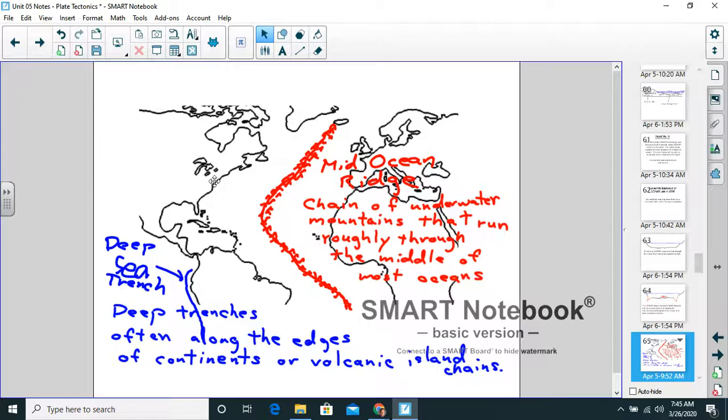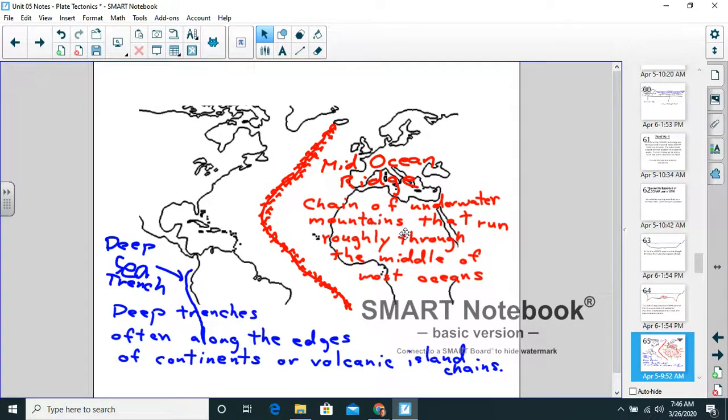So the ocean doesn't just drop from North America down into the ocean and move across. There's features along the way, and in this case, there's these high spots, and we call that now a mid-ocean ridge.